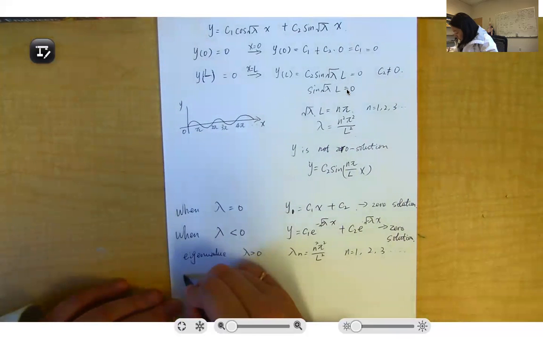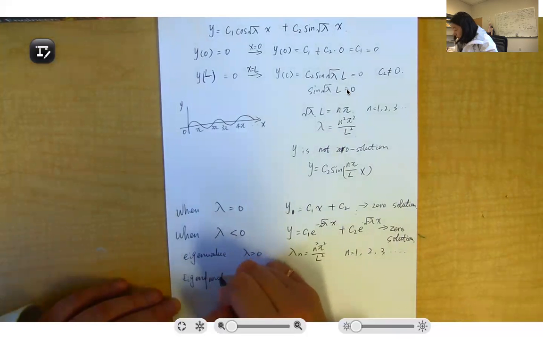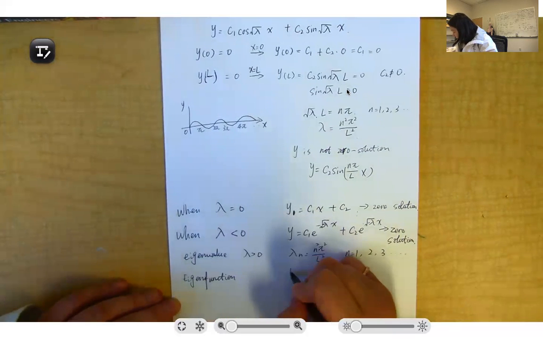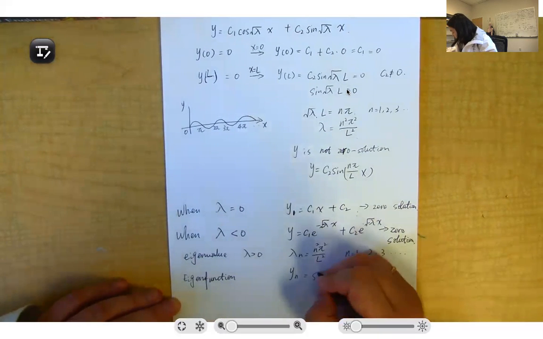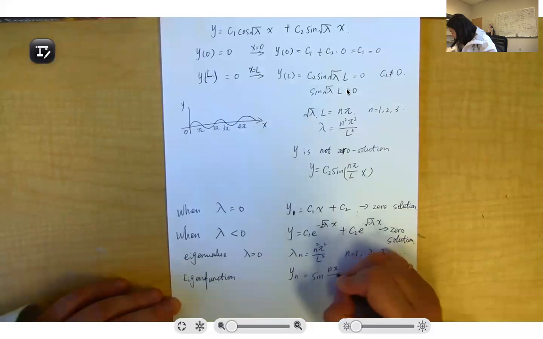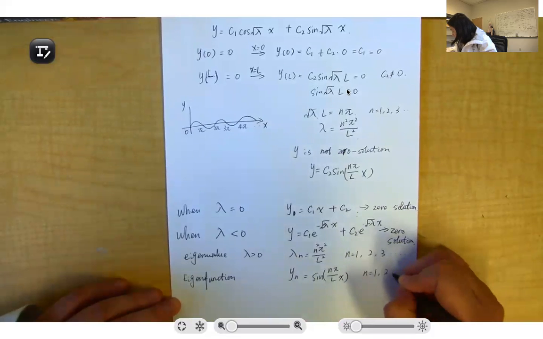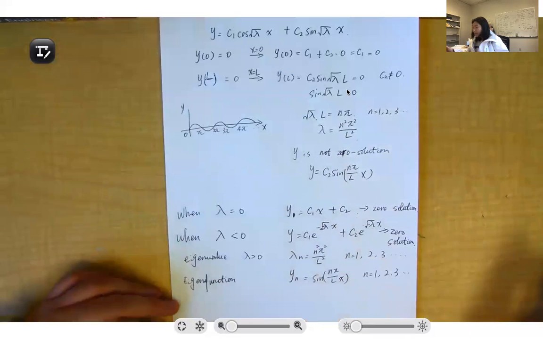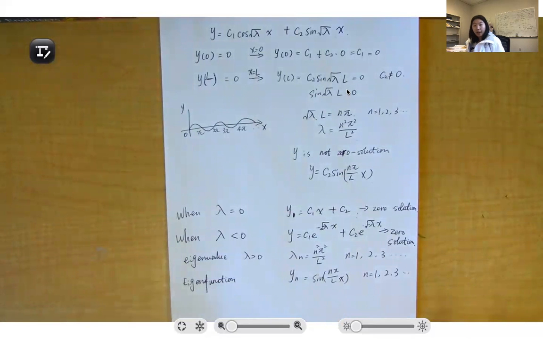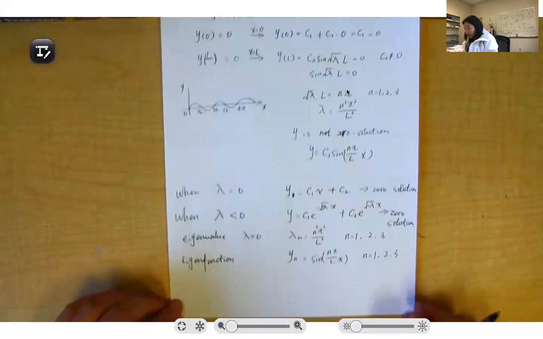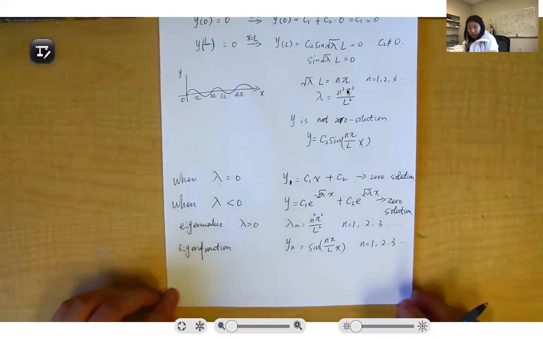And your eigenfunction, basically your yn, will be equal to sine n pi x over L, where n equals 1, 2, 3 until infinity.